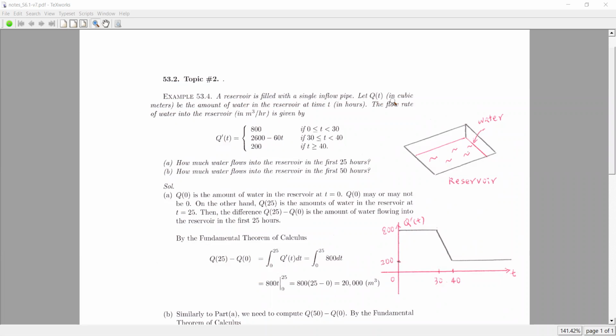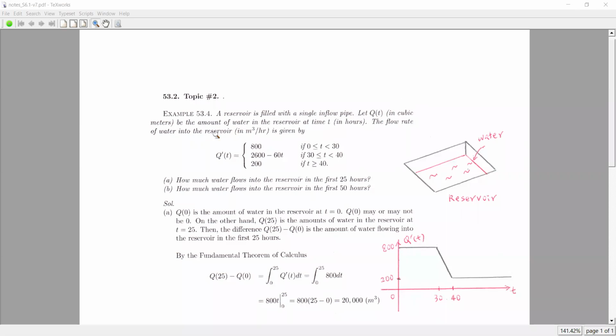Let Q, measured in cubic meters, be the amount of water in the reservoir at time t. t is measured in hours. The flow rate of water into the reservoir is given by this piecewise defined function. Part A, how much water flows into the reservoir in the first 25 hours?